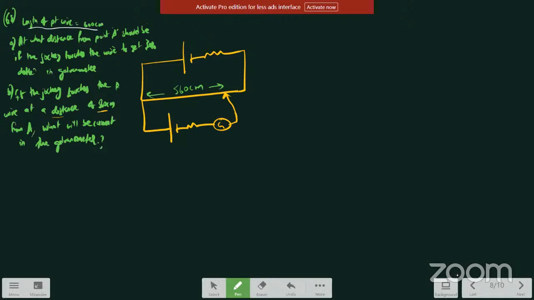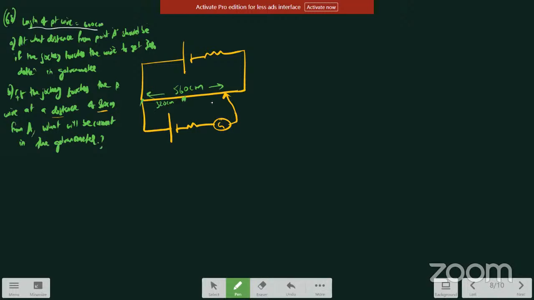So we got 320 centimeter. Please hear me very carefully. Initially at 320 centimeter, we got the current to be zero.